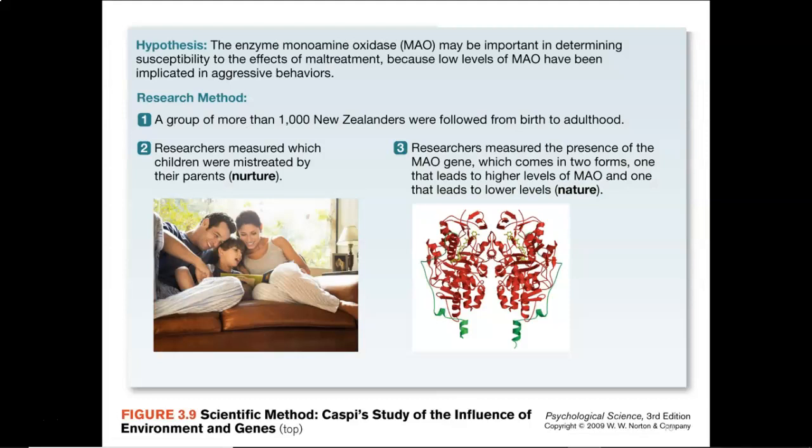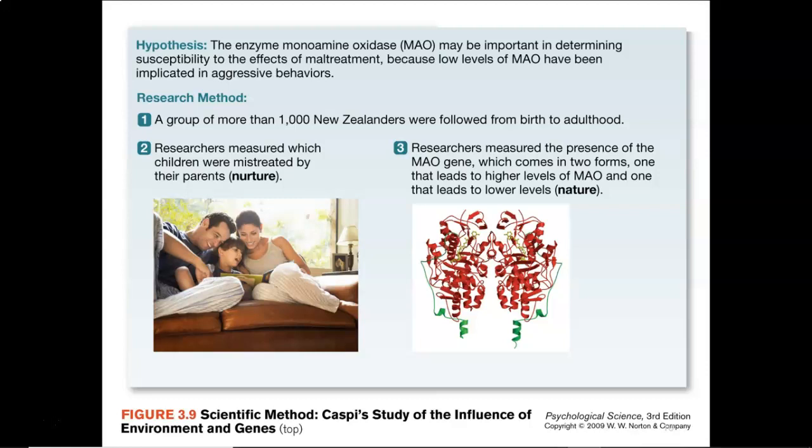Caspi did this incredible study looking at the MAO gene and violence, criminality. There's an enzyme called monoamine oxidase, which is set genetically.